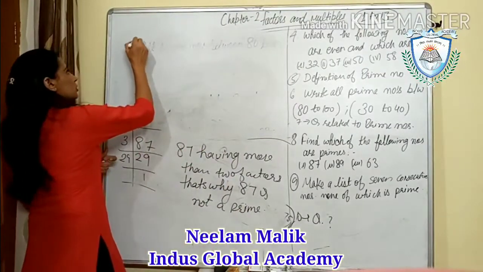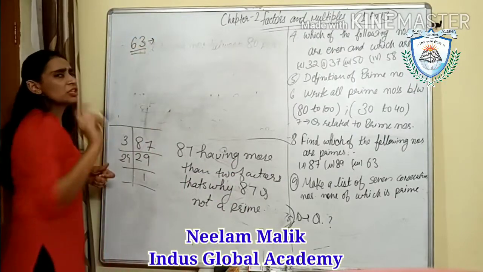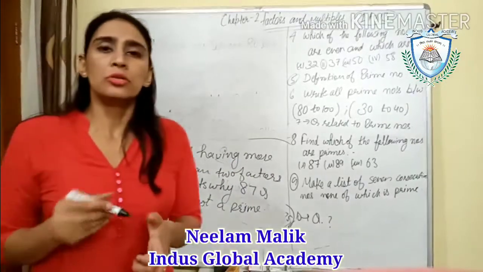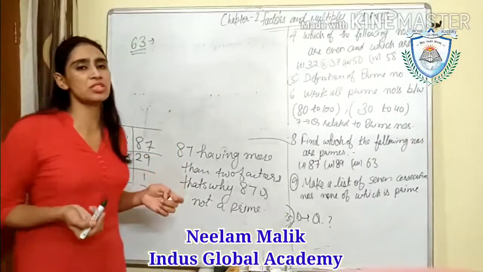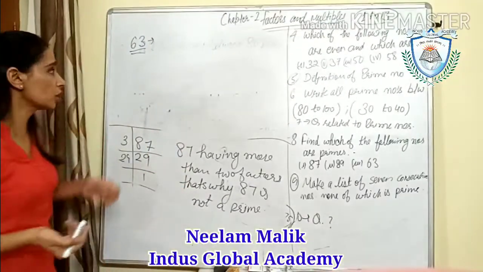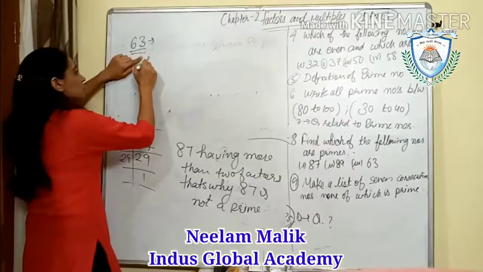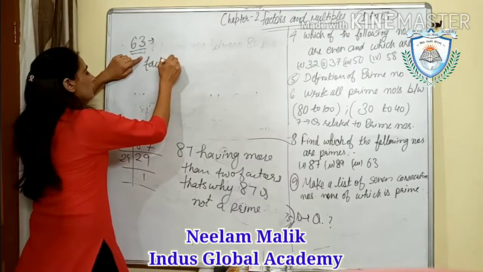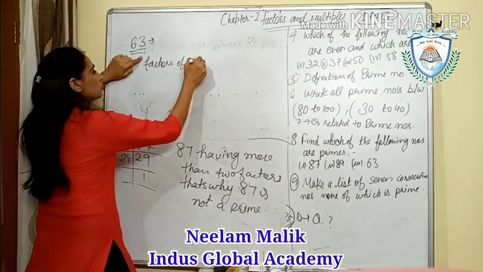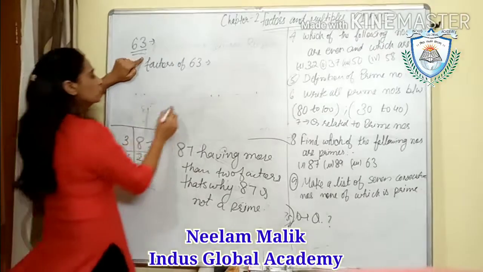You are having 63. If 63 has more than 2 factors, then it is not prime. We have to just check whether this is prime or not. So we will write factors of 63.